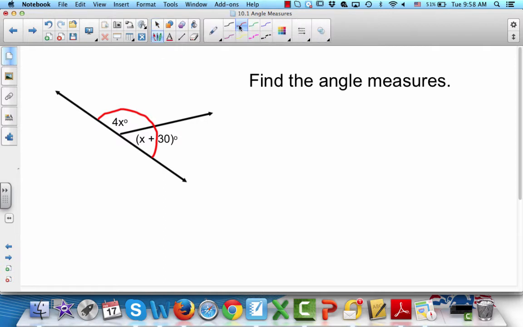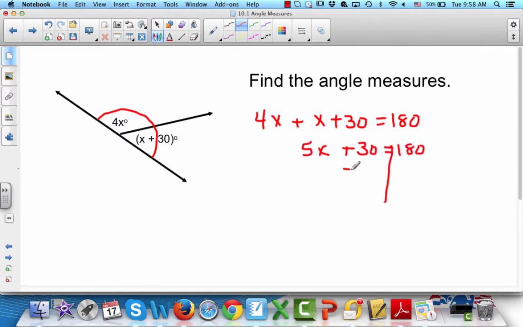So we can solve this by going the first angle plus the second angle equals 180 degrees. Then we do our algebra. 4x plus x gives us 5x plus 30 equals 180 degrees. Minus 30, minus 30. 5x equals 150 degrees.